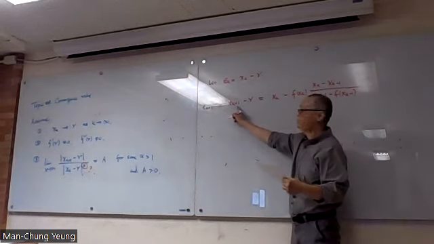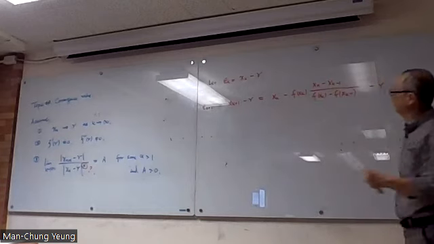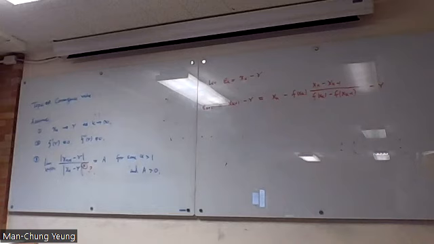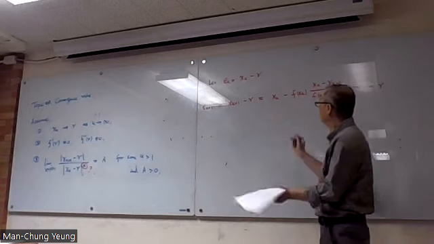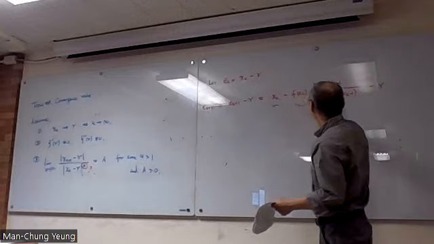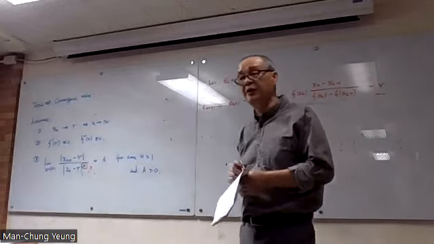So xk plus 1 is this, now minus r. Three terms: 1, 2, 3. Now I want to combine these three terms.